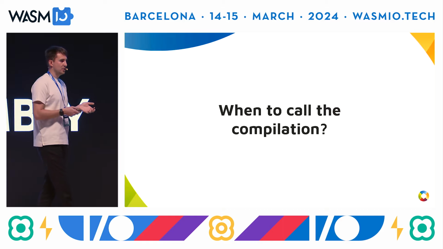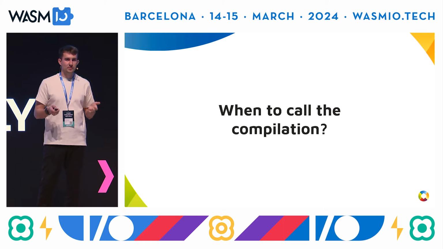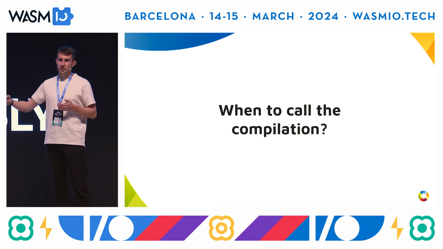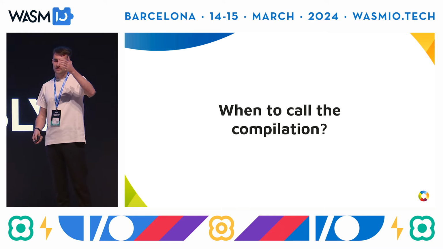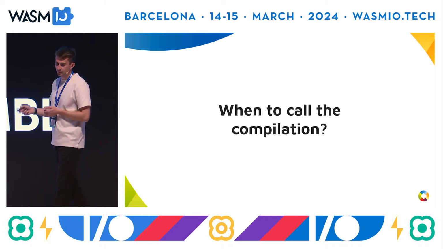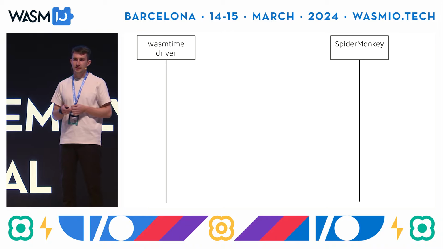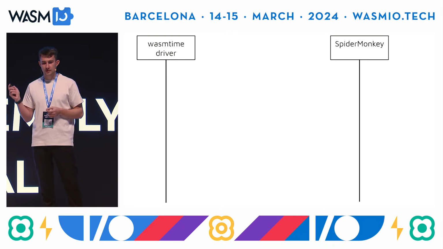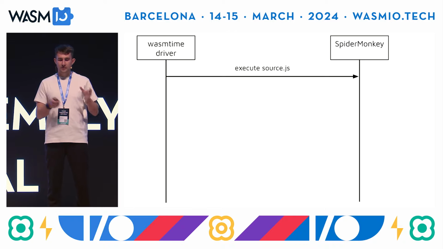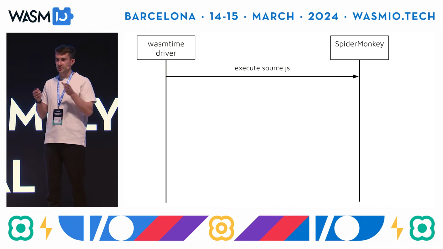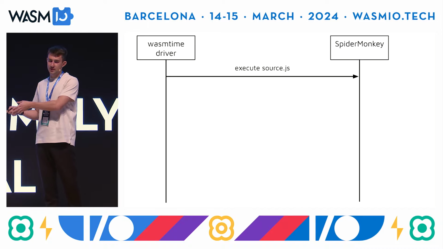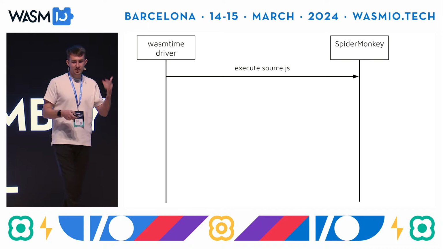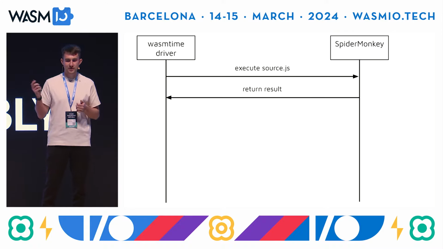And the next question is when to call the compilation, because if we call it each time on each request, there will be a lot of Wasm modules, and it will be very slow. So we came up with the idea of a so-called asynchronous compilation model. We have a Wasmtime driver that instantiates the SpiderMonkey Wasm module. Then you execute your source.js, and it returns a result.